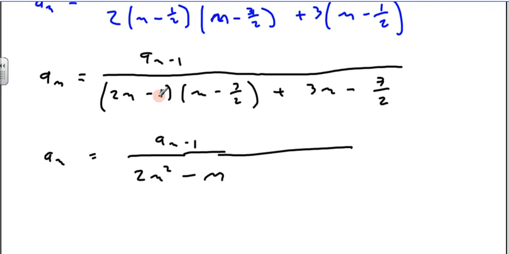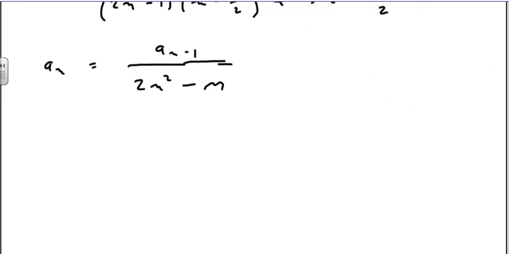And then I've got plus 3 over 2 minus 3 over 2 for nothing.